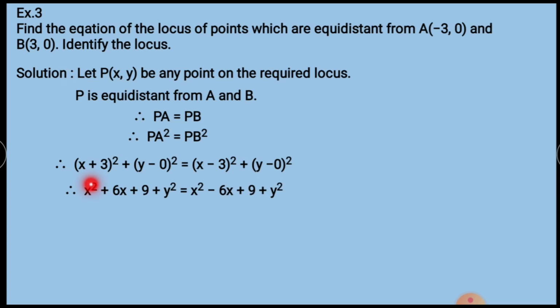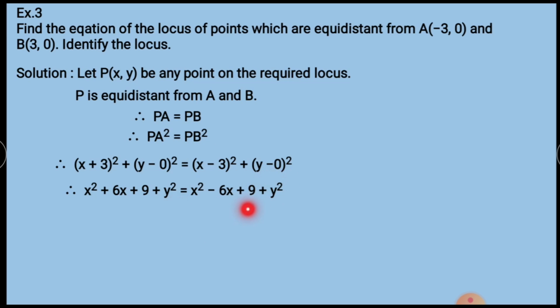Simplifying this, we apply the (a plus b) whole square formula for the first bracket: x square plus 6x plus 9, and y square. For the right hand side: x square minus 6x plus 9, plus y square.